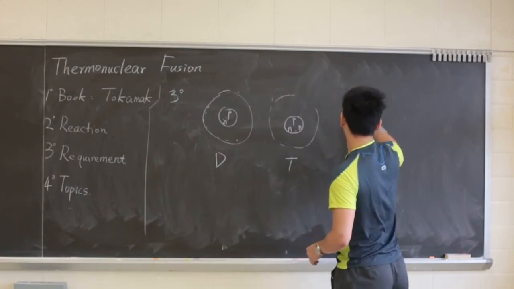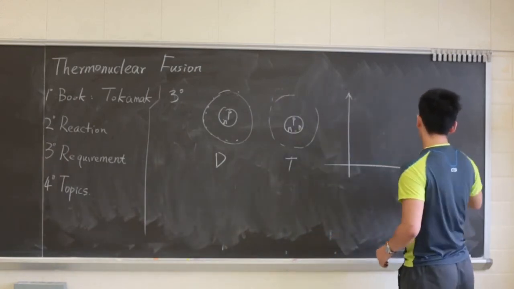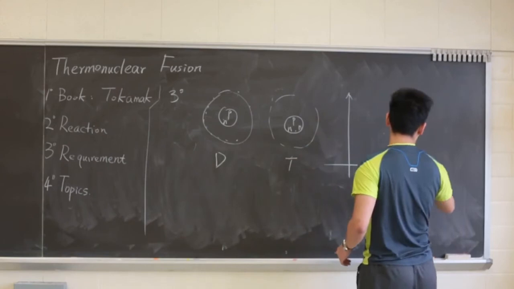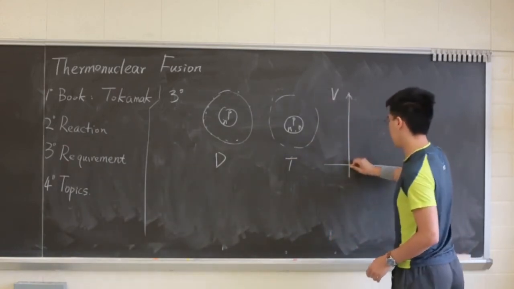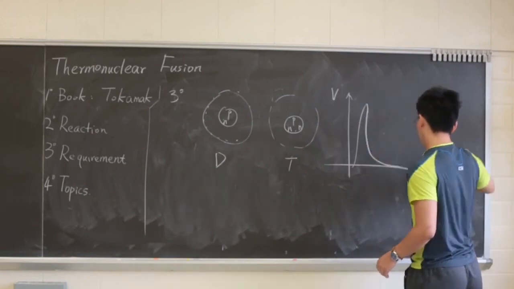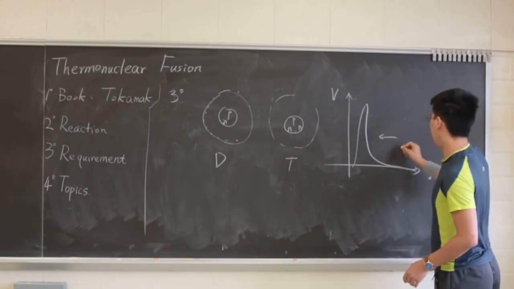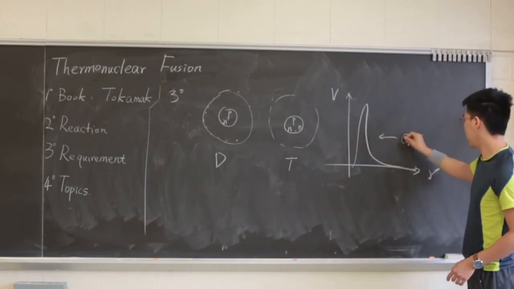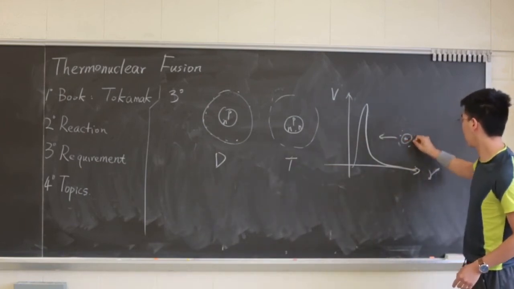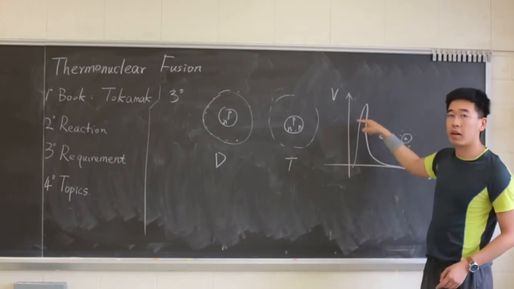It shows the potential over distance. It will look like this. If an atom comes from outside, it has to overcome this barrier.